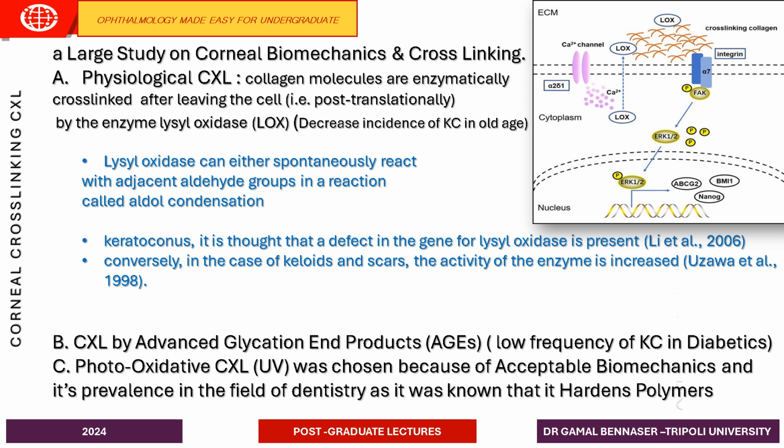And that's why Seiler chose this type of cross-linking to apply to corneal collagen cross-linking. That's the photooxidative type of cross-linking mediated by ultraviolet and a photosensitizer. Some people name it photodynamic therapy for the cornea.